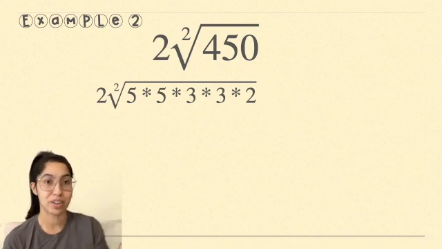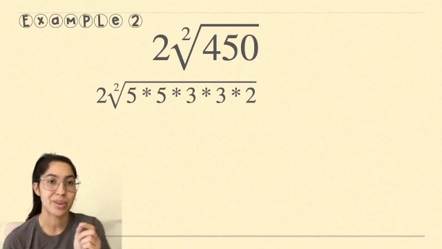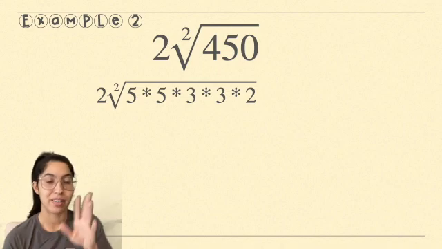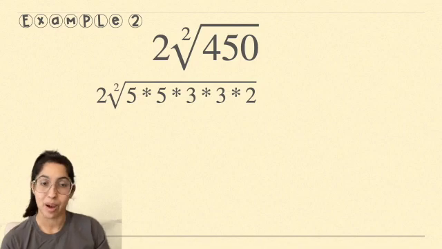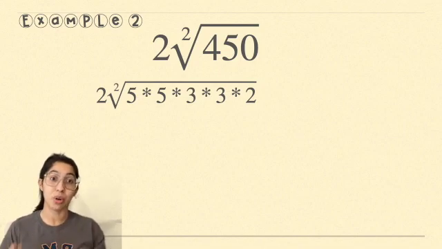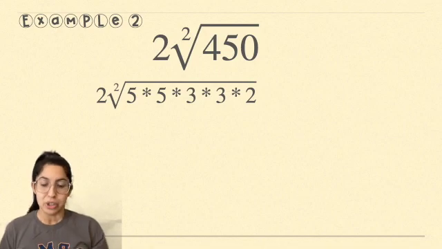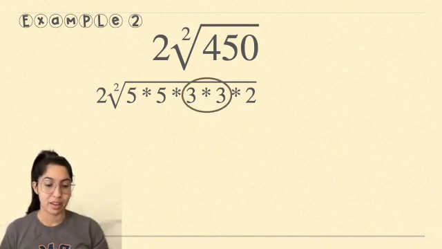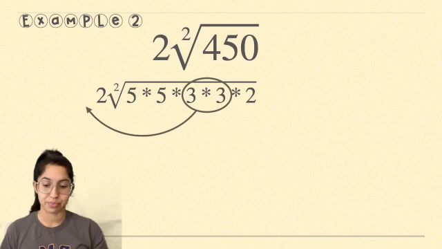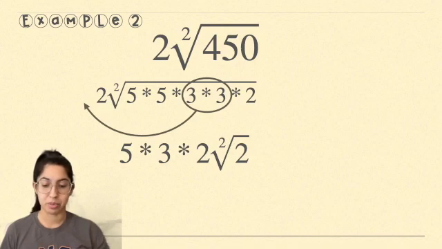If you know your perfect square roots, that's great. You can do 25, then 9, and then all you're doing is taking the square root individually. However, because I know some of you don't know all of that, we're just going to stick to the pair thing. So I want a pair of 5s and this pair of 3s. I'm going to stick them both out front. So I end up with 5 times 3 times 2.